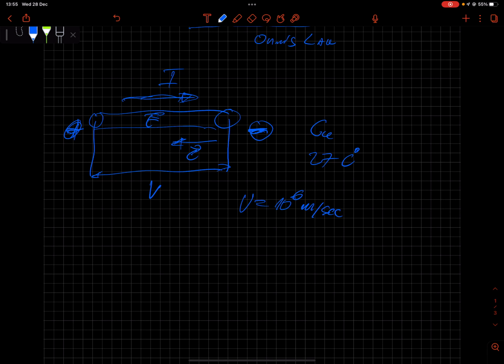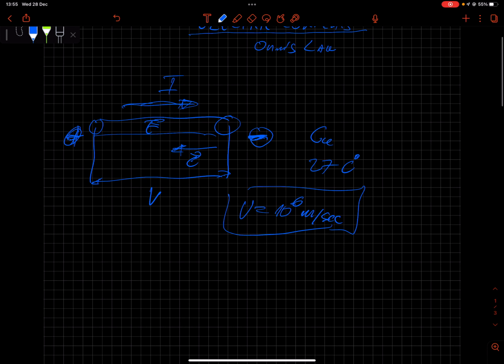So yes, it is like 1,000,000 meters per second. So yeah, it's quite amazing speed.